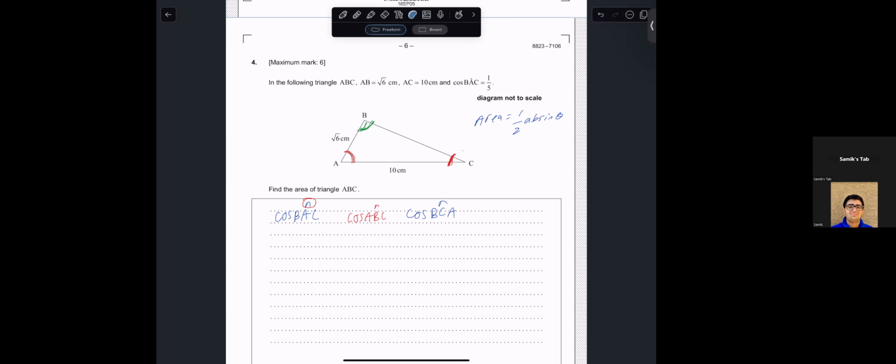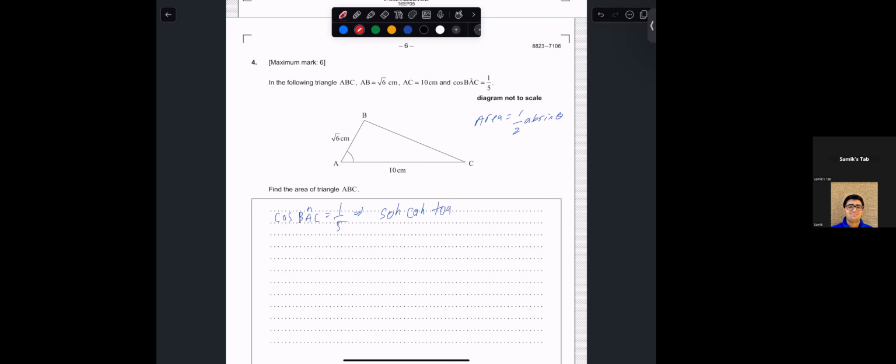With that explained, that'll clear up some stuff for us to solve for sine. Cos BAC is given as half. So what do we remember from our ways to solve for sine, cos, and tan? What I remember is always SOHCAHTOA.